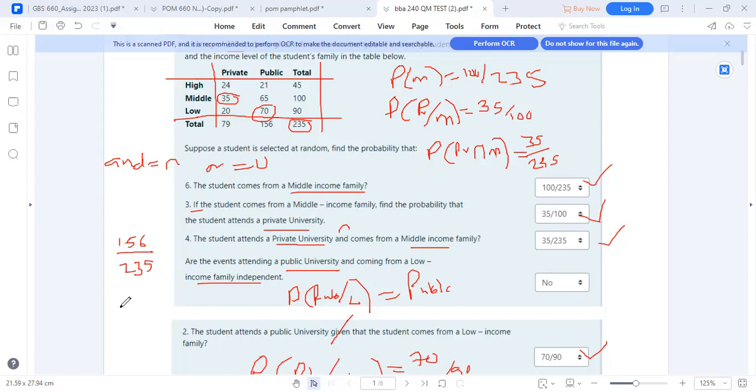It's 70, but the total for low was 90. So you need to evaluate these answers, they need to be the same. So if this answer gives you the same answer there, then you can say they're independent. But in this case, when we evaluated, there were different answers we're getting. So meaning the answer is that they're not independent.